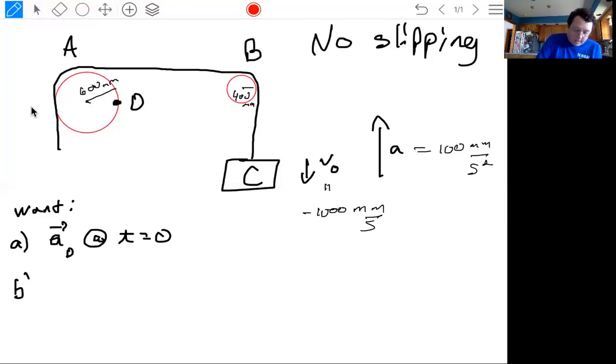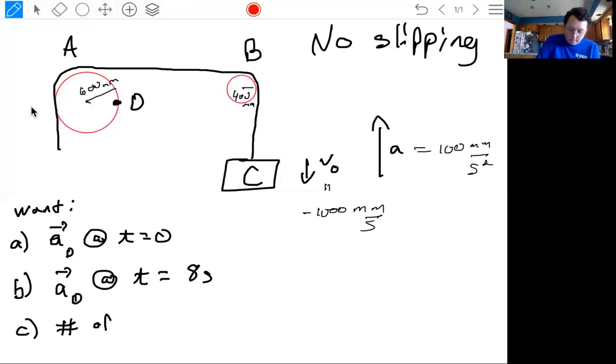All right. Then B, the second thing, I want the acceleration at D at time equals 8 seconds, and C, the number of revolutions that pulley A turns in 10 seconds.